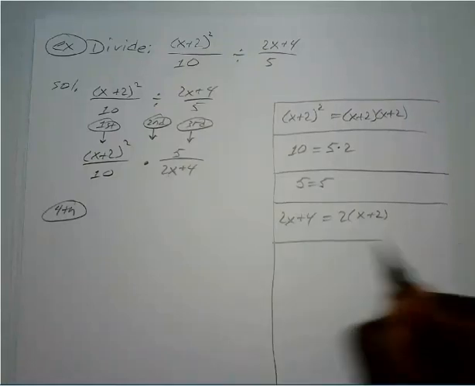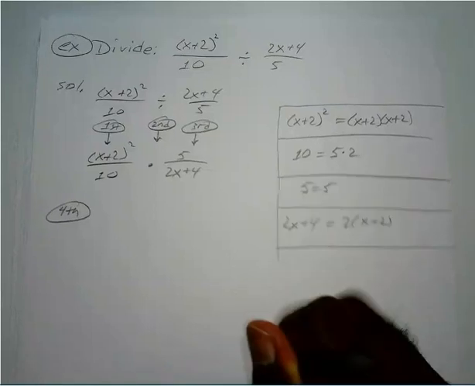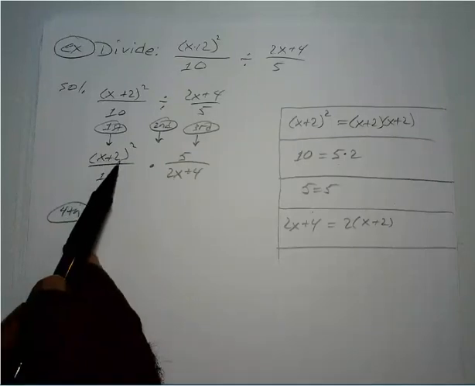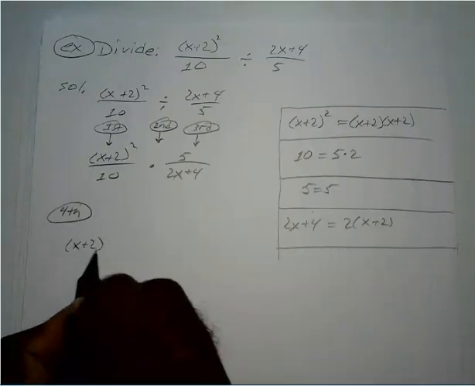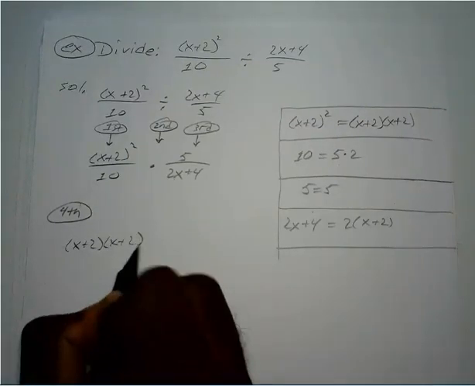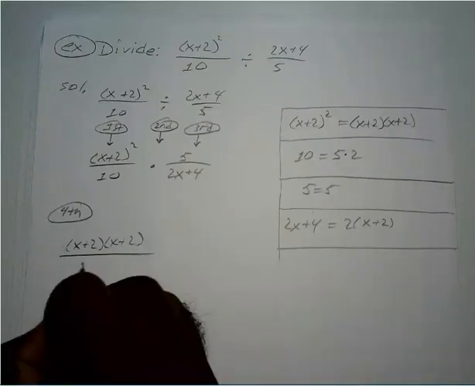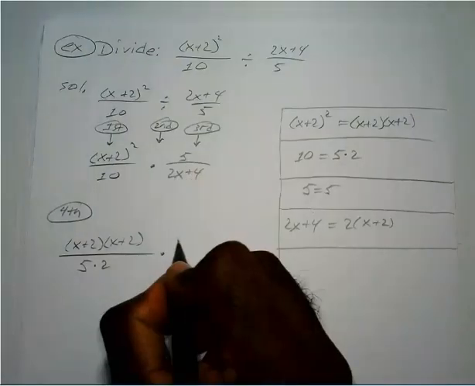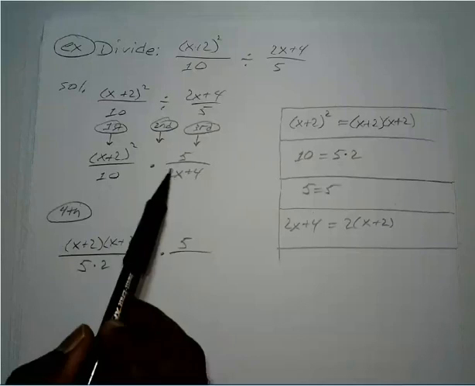There we go. So our x plus 2 squared becomes x plus 2 times x plus 2. Our 10, remember we made that 5 times 2 for a very good reason, times 5 just stays 5, and our 2x plus 4 becomes 2 times x plus 2.